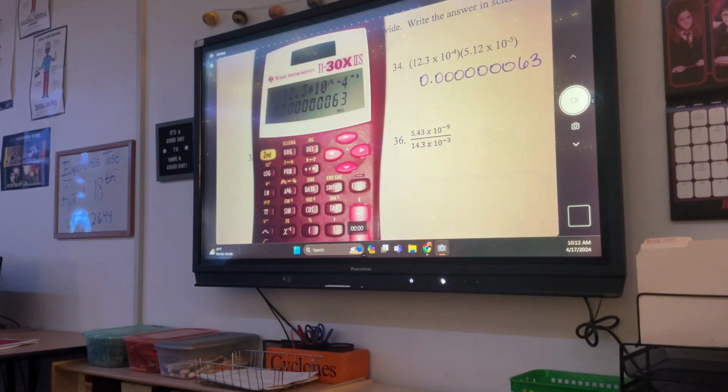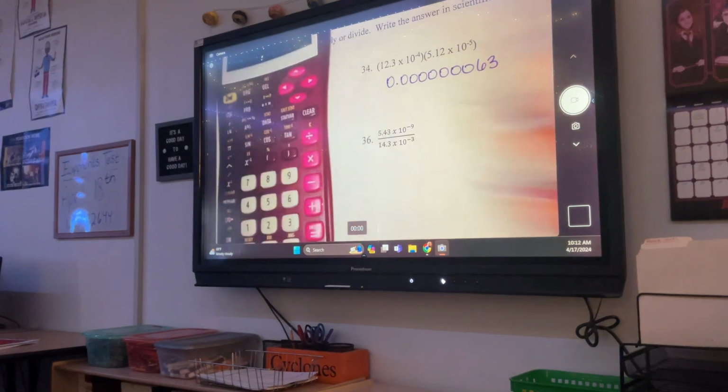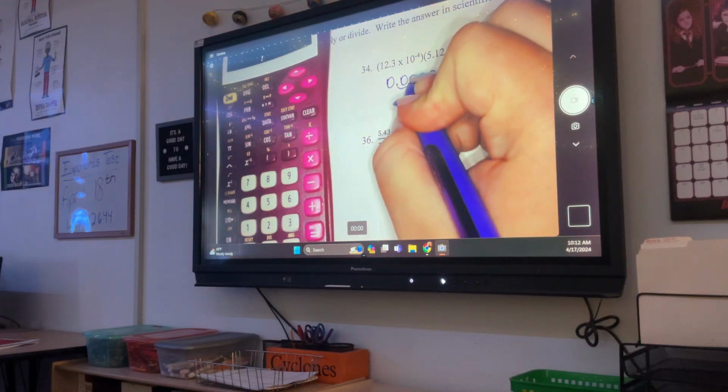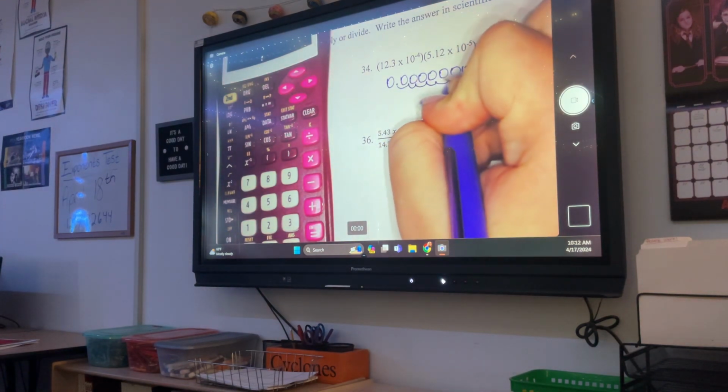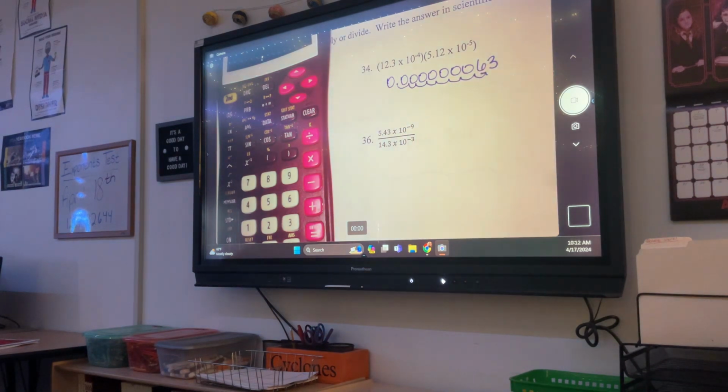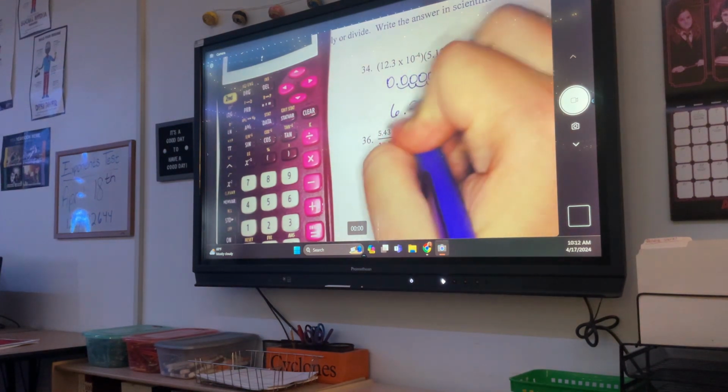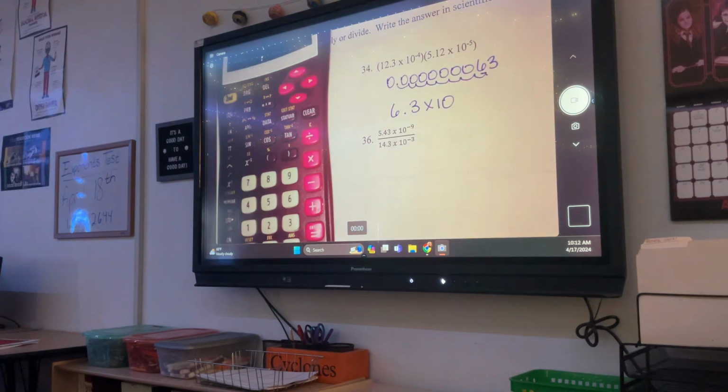All right. So then to turn it into scientific notation, then you've got to move it like we just did. And you're moving it 1, 2, 3, 4, 5, 6, 7, 8 times. So 6.3 times 10 to the negative 8.